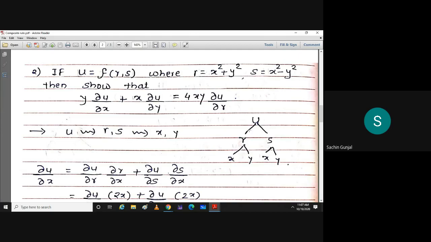Using this flow chart, you can write u as a function of r and s, then r and s both are functions of x and y. So you can calculate u with respect to x.